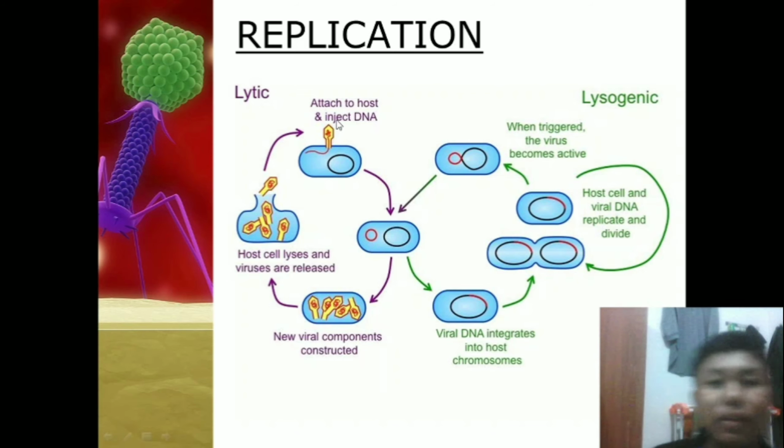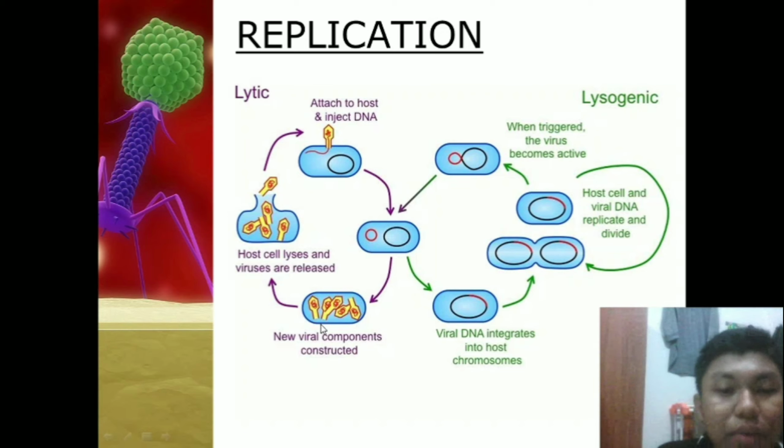First of all, the virus is attached to the host and injects its DNA or RNA inside the host, and then the DNA goes to the core of this maybe bacteria, and then new viral components are constructed. So the DNA destroys the core of bacteria and makes new viral components.